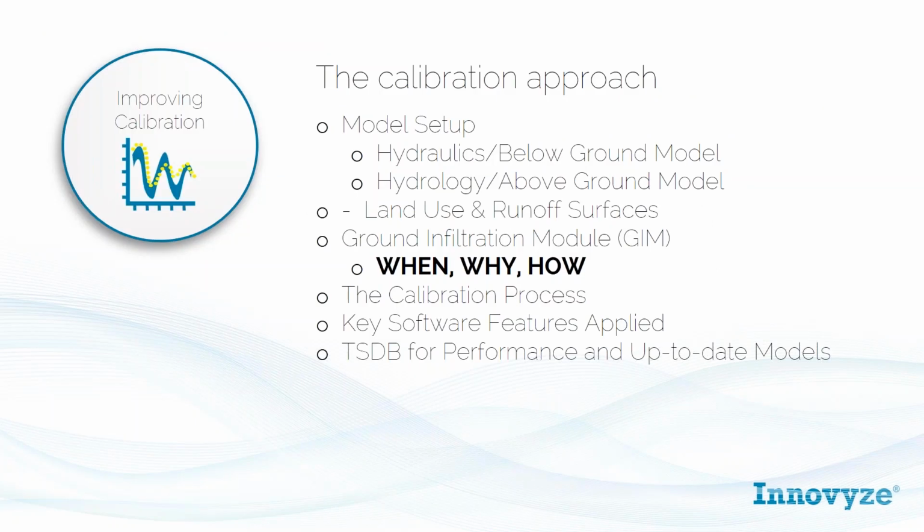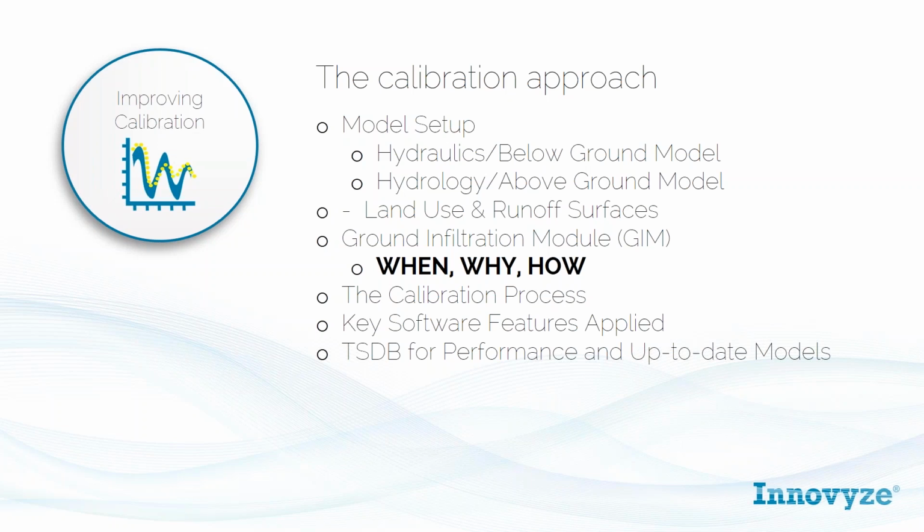So for the main component of today's presentation and webinar, Matt and I are going to walk through the calibration approach. We're going to go through the model setup from a hydraulics and hydrology standpoint, and cover the adjustment, having an expert practitioner here who's on the model on a regular basis and is fantastic at what he does, to be able to gain insights from how Matt adjusts land use categories and runoff surfaces to get a better agreement in his model.